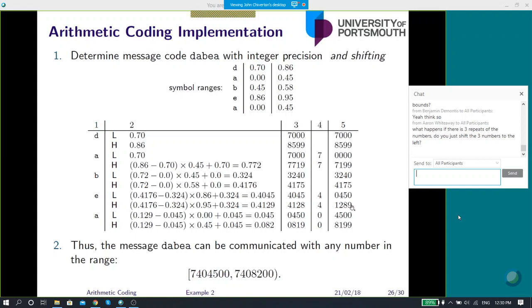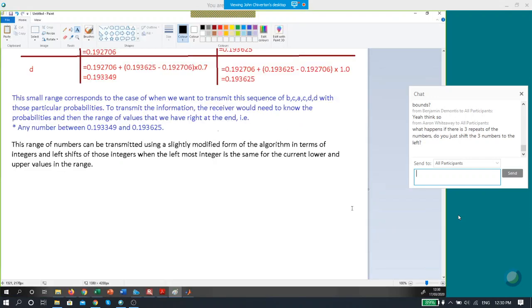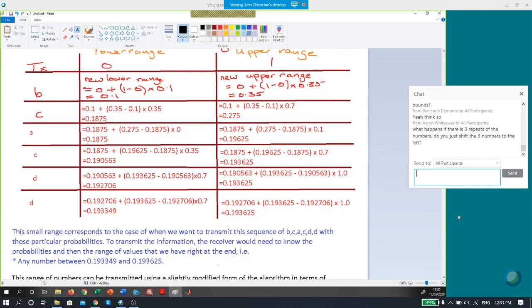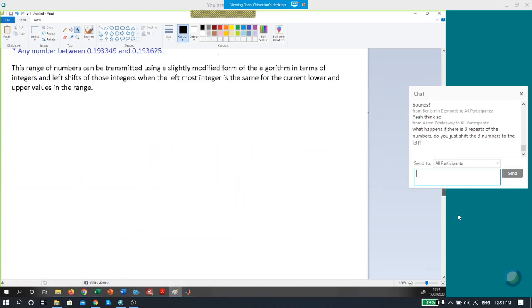I'll put up a worksheet for this, I think, and let's just go through the example we've got there. So for completeness, say, we need a new table, don't we, for this? And we're transmitting 6 symbols.